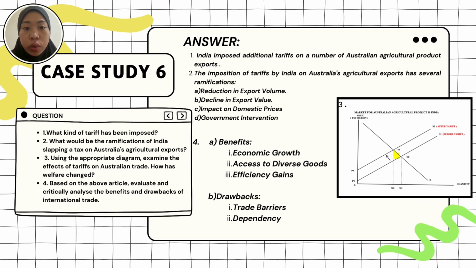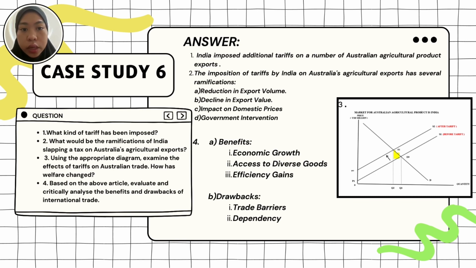Next, the drawbacks. First, trade barriers, which is, tariffs and other trade barriers can hinder the flow of goods and lead to reduced trade volumes. B is dependency, which is, over-reliance on international trade can make a country vulnerable to economic fluctuations in global markets.